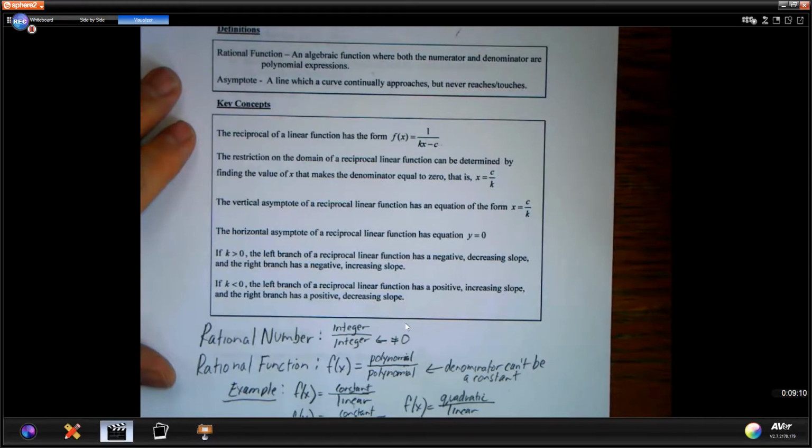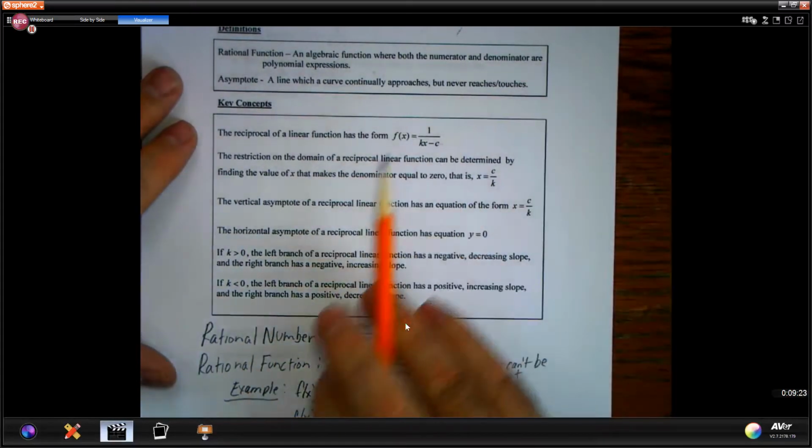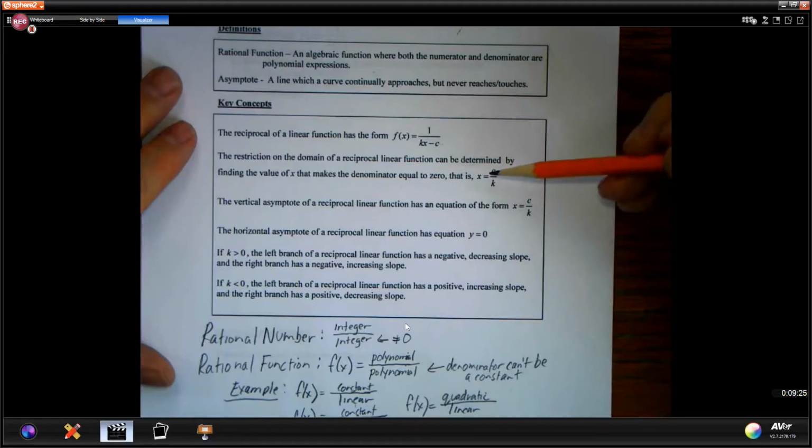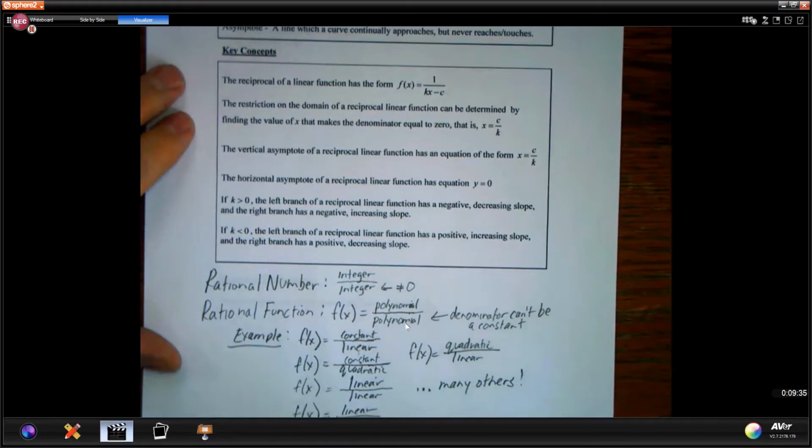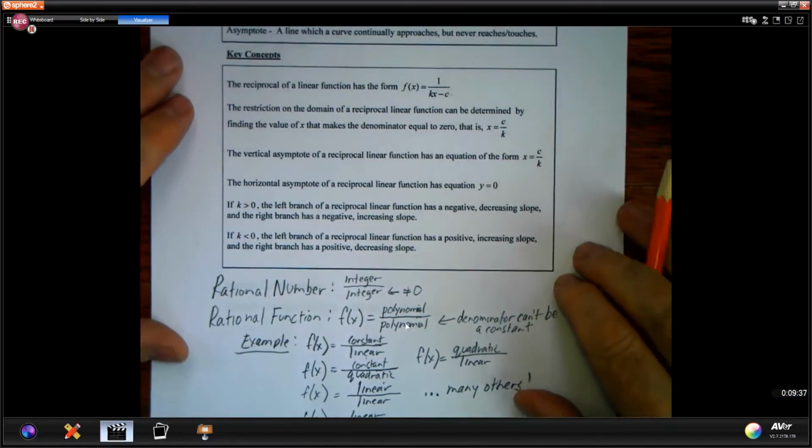These lines, any asymptote, basically the definition for now will be the graph of the function, the rational function, will never cross that asymptote. Okay, and in today's lesson, we're going to be learning techniques on how to find the different asymptotes and how to use those to come up with other information that we can use to sketch the graph. So that's really what today's lesson is all about.